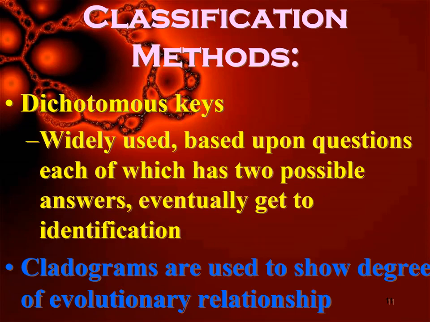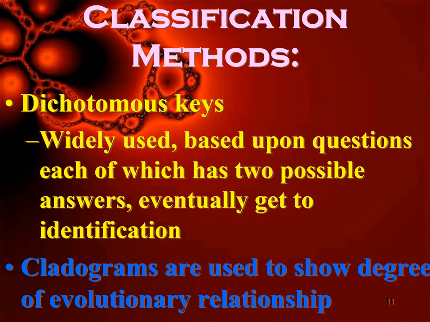The classification method for all bacteria depends on two keys. Firstly, the dichotomous key, widely used, based upon questions, each of which has 2 possible answers, eventually getting to identification.